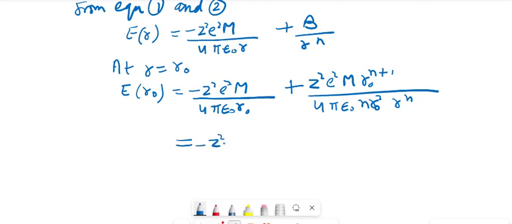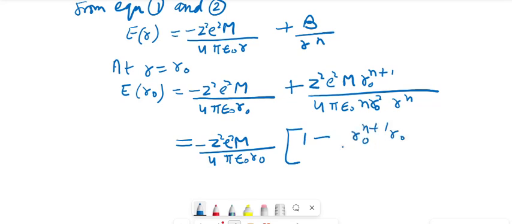Minus Z square e square M divided by 4 pi epsilon naught R naught into 1 minus R naught to the power n plus 1 R naught divided by n R naught to the power n plus 2.